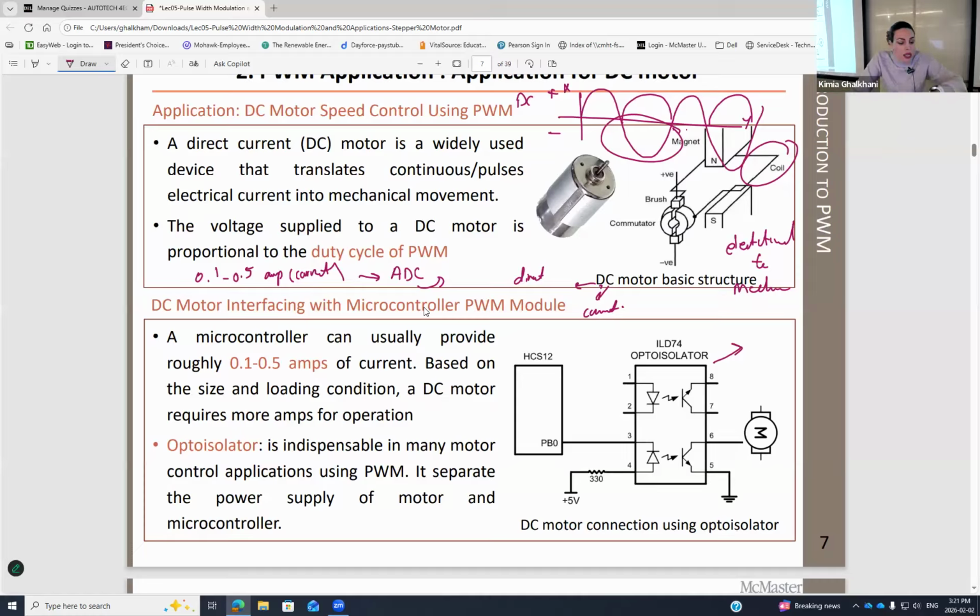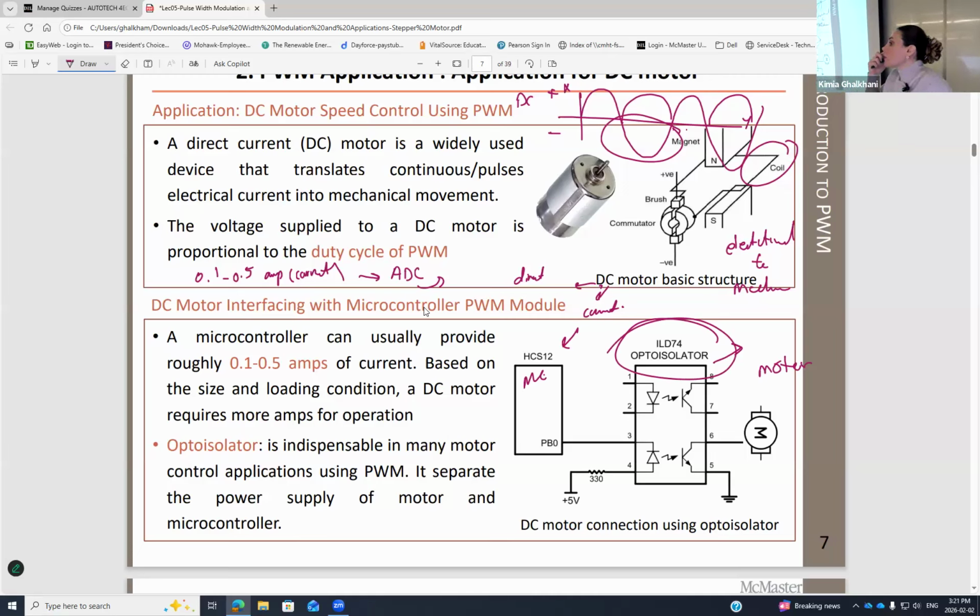This is a semiconductor device which allows an electrical signal to be transmitted between two isolated circuits. Here I have a microcontroller, and this is going to be my motor, and I'm putting the optocoupler right in between them. You probably noticed the little breadboard on the side of your setup.